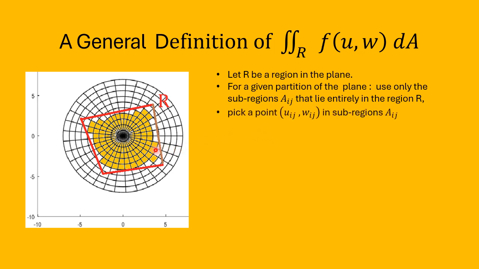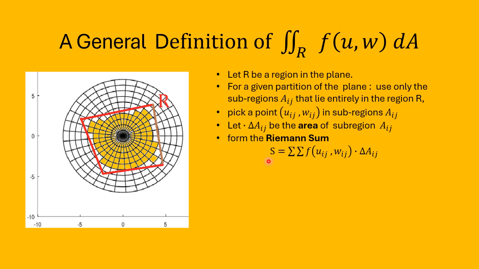For each of these little subregions that we have here, let's pick a point which we'll call u sub ij, w sub ij, in that subregion A sub ij. And let's let delta A sub ij be the area of the ijth subregion, A sub ij.